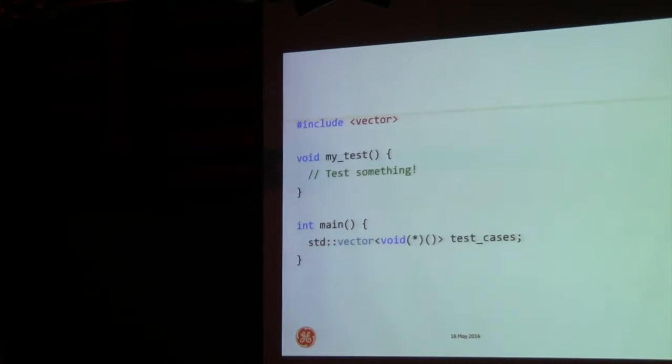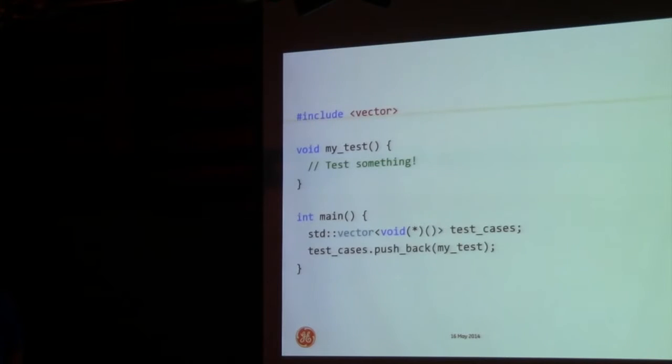I created my test. It's going to do something, whatever I decide I want to test. And I register it by putting it in my container. This is very easy to repeat. I can add more functions wherever I want and just add more lines to put them into my vector.